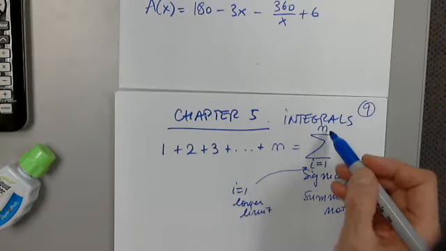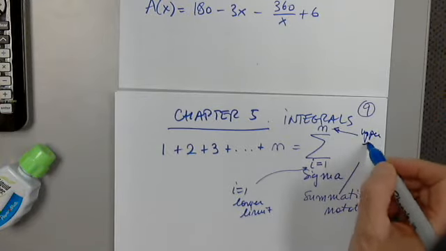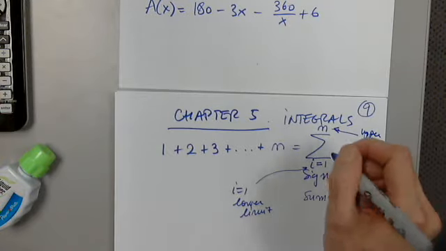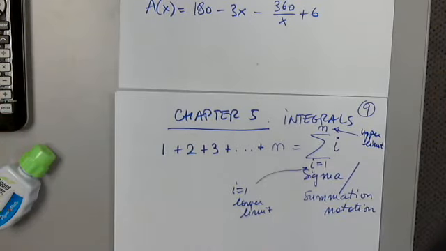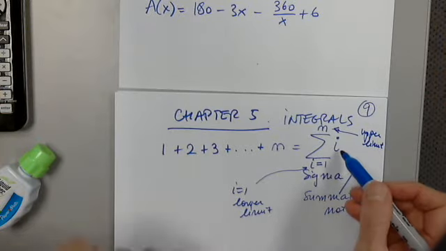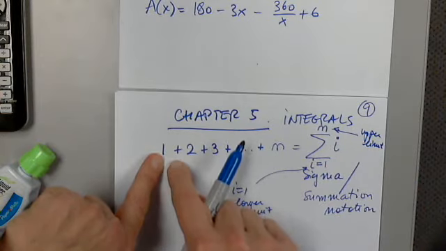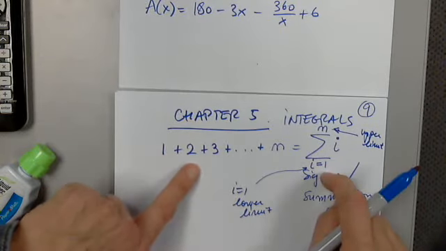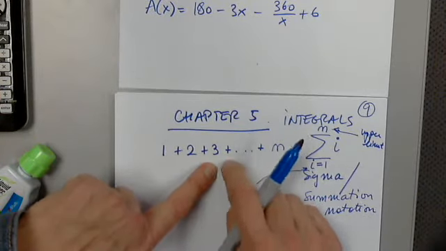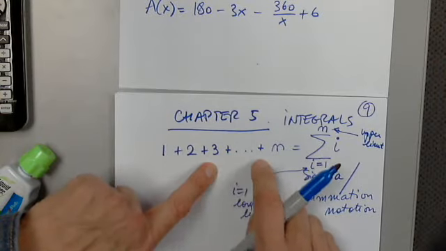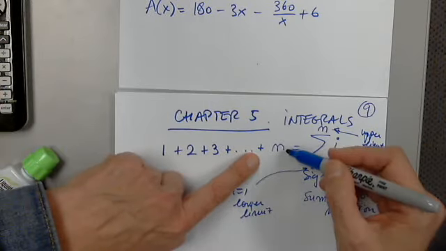And what do you think n is? Very good. And then I have to write i. Let's see how this works. When i is 1, I have 1, plus. When i is 2, I have 2, and then plus. When i is 3, plus. Exactly 3 dots. Not 4, not 2, not 1. Plus, when i is n, I have n.